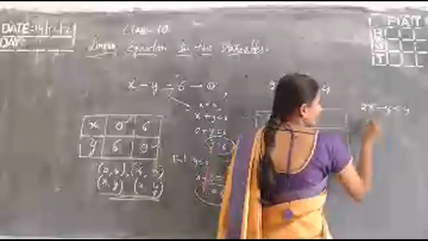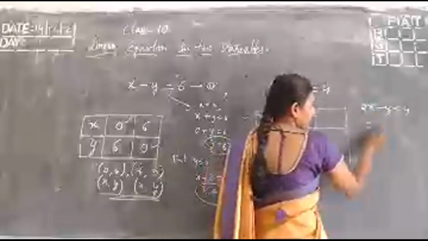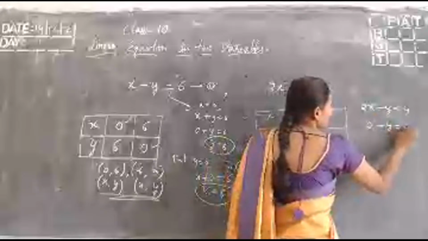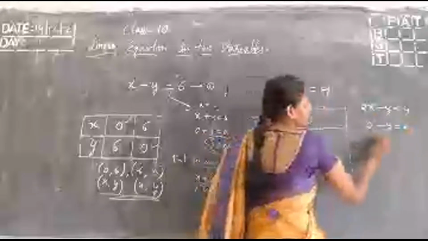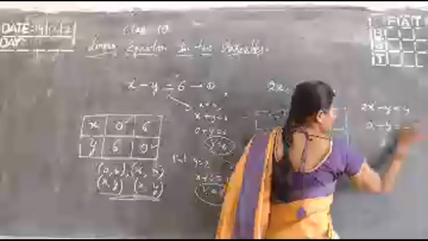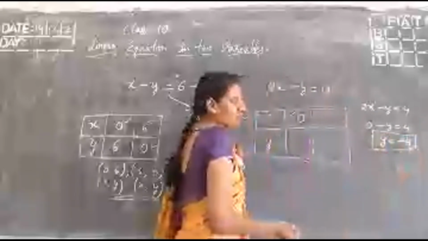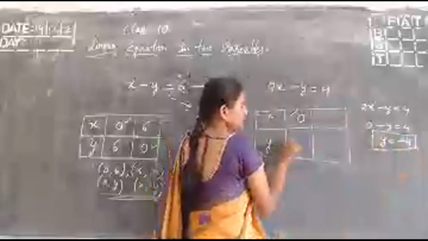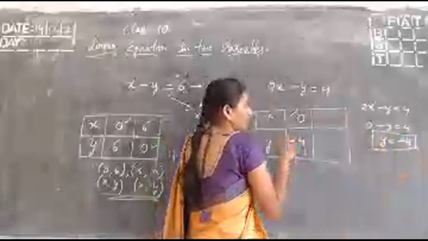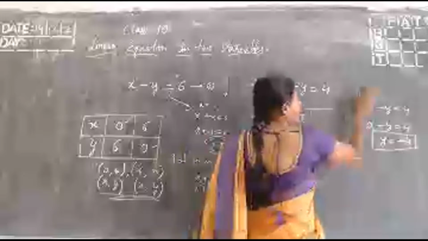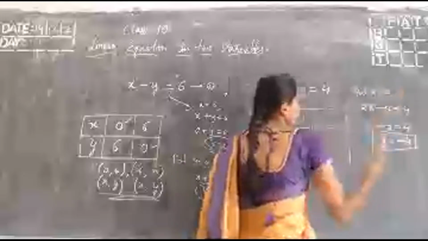What happens? 0 into 2 is 0, 0 minus y is equal to 4. So what is the value of y? Y is equal to minus 4.